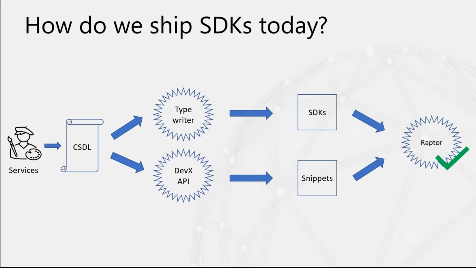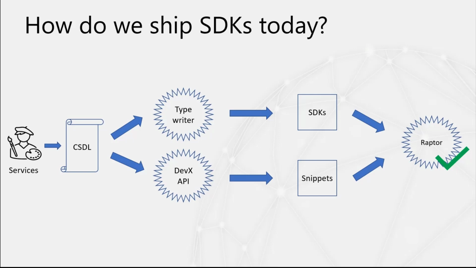First and foremost, we have different services like SharePoint, OneDrive, Exchange, and many more that put together something called a CSDL. CSDL is a document that allows those different services to say, hey, I have an entity that's a drive item. It's going to be at this and that place in the API, and it's going to behave this and that way, contain those different fields.